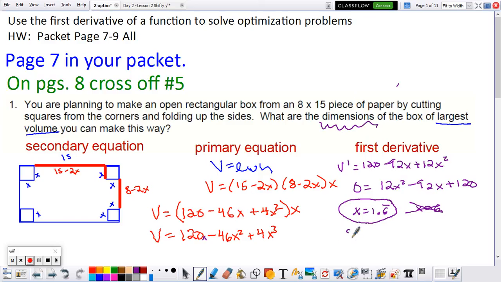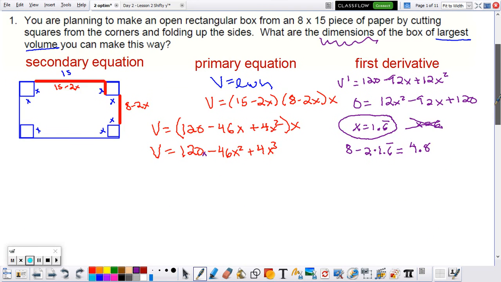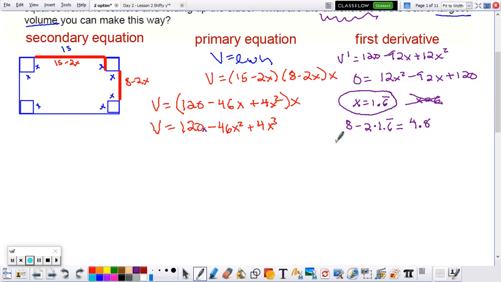I'm going to go 8 minus 2 times 1.6 repeating, or just 1.6, is going to give me 4.8, and then I'm going to go 15 minus 2 times 1.6 is going to give me 11.8.